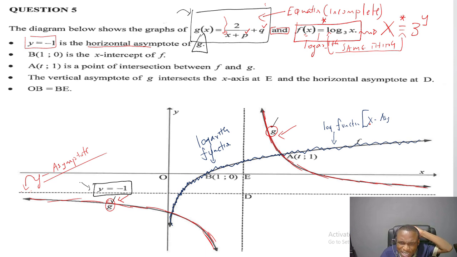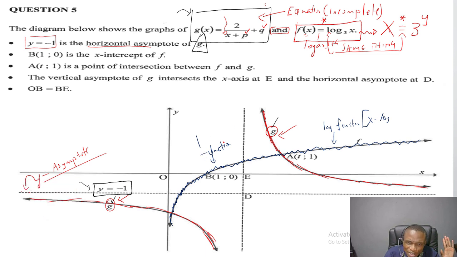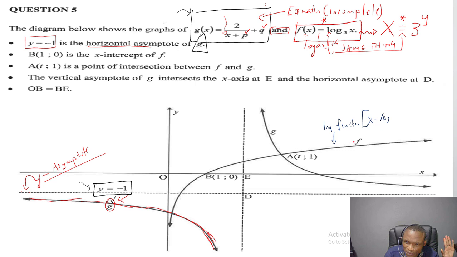Surprisingly, I don't see that asymptote here on the Cartesian plane. Don't worry, we are learning math. We will make math simple. I'm saying this function f, the logarithm, has got the x asymptote. So where is its asymptote?